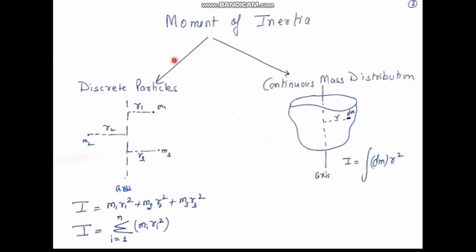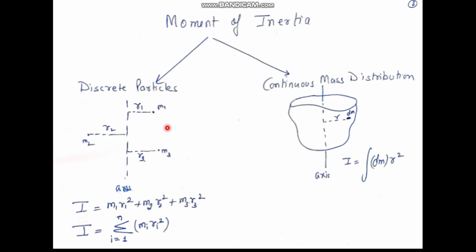Different systems that we will have for moment of inertia can be broadly classified into two categories. One I call the discrete particle system, and the other I call the continuous mass distribution. When I say discrete particle system, that means I have particles having masses, say m1, m2, m3 and so on, and these particles are located at certain fixed distances from the axis of rotation.